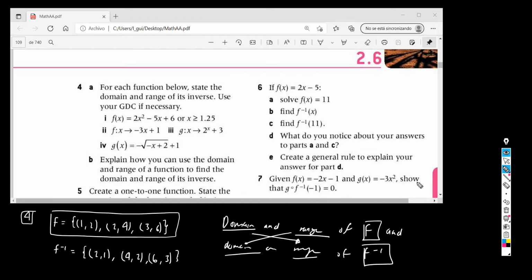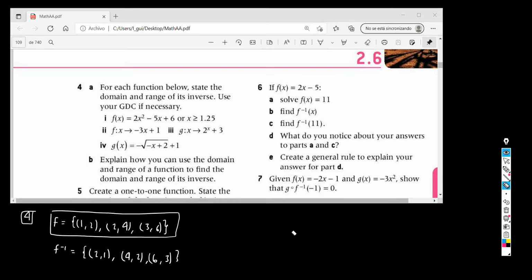Let's consider the domain and the range of this function f. What is the domain? It's the set of all the inputs by definition. So the domain of f in this case would be the set of all the inputs: 1, 2, and 3. That's it.